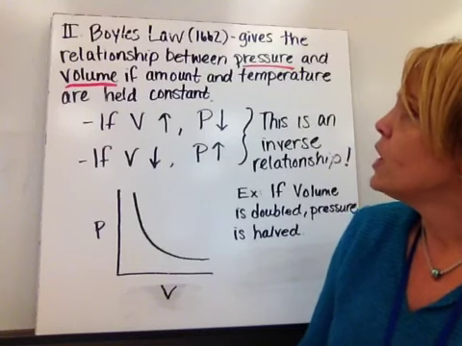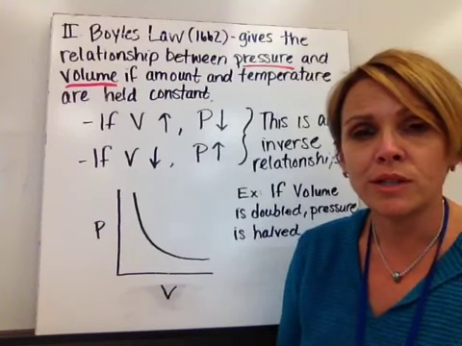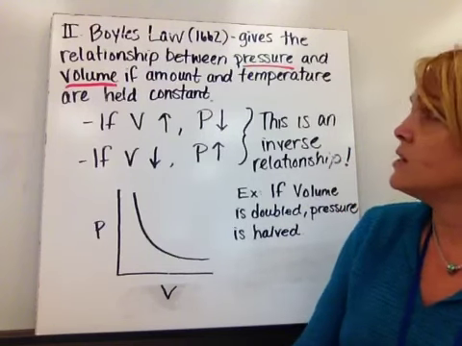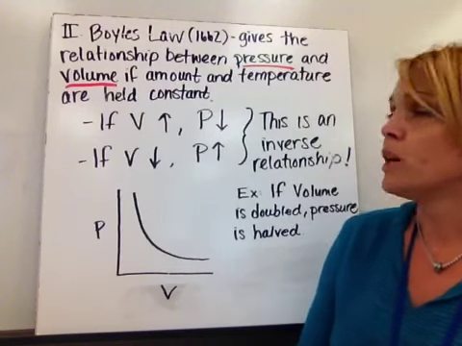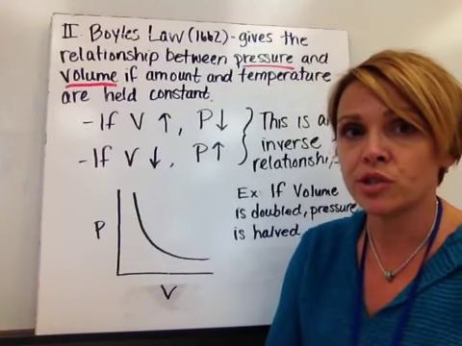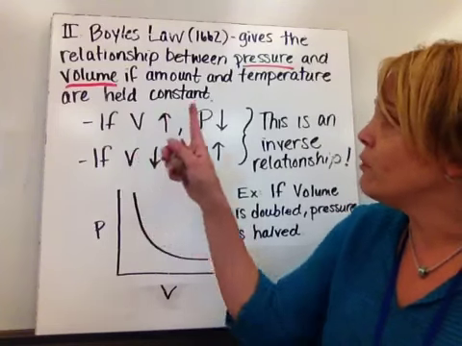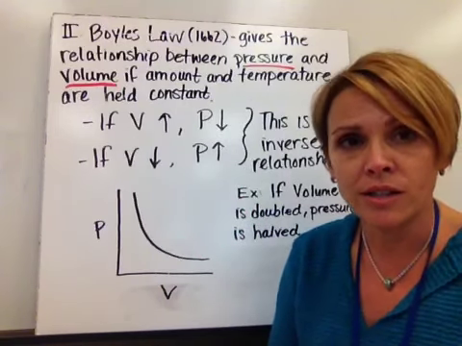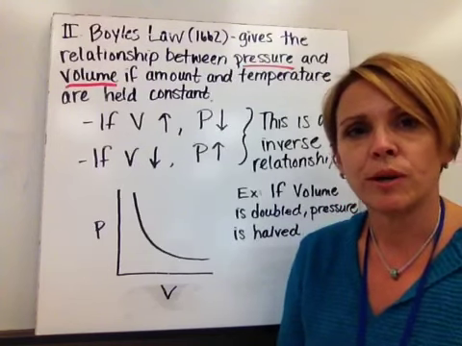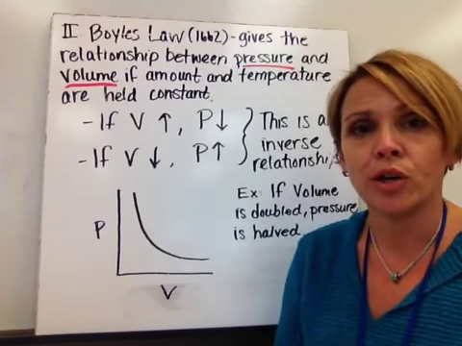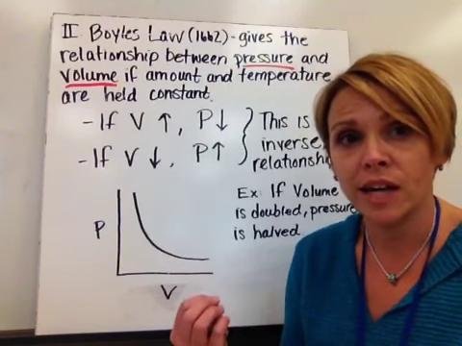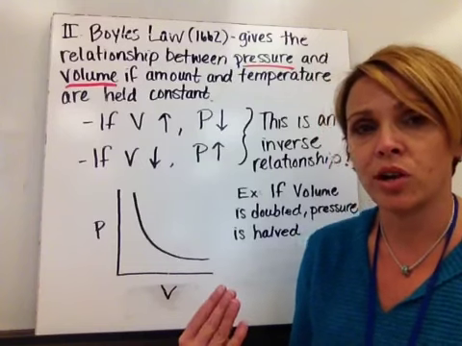Okay? So first of all, you can write down, well, what does Boyle's law tell us? Boyle's law gives us the relationship between pressure and volume if the amount and temperature are held constant. So think about that for a second. We're trying to find the relationship between volume and pressure as long as the amount of gas in a container and the temperature are held constant.